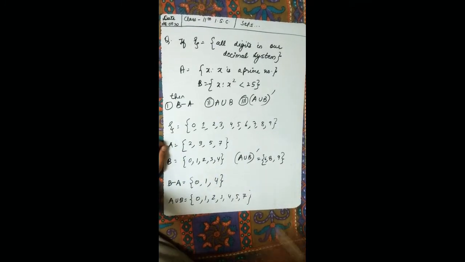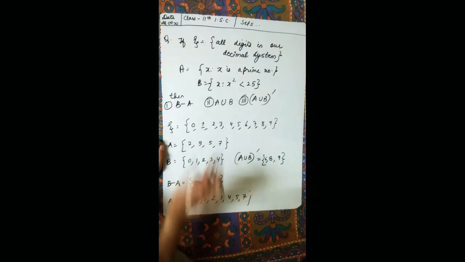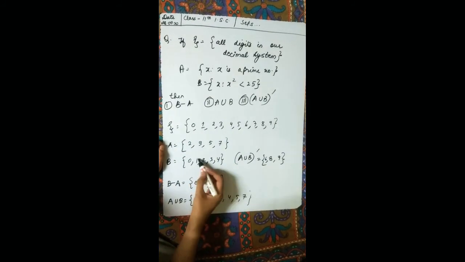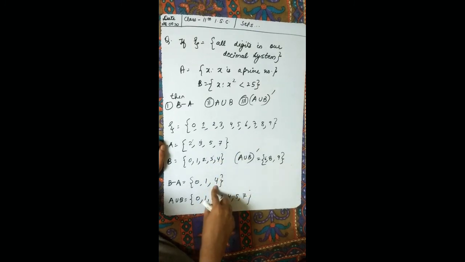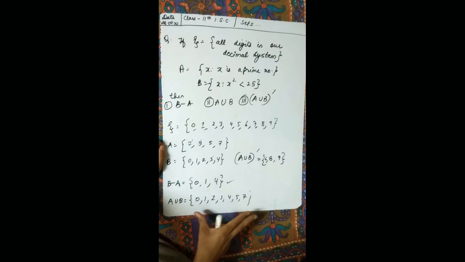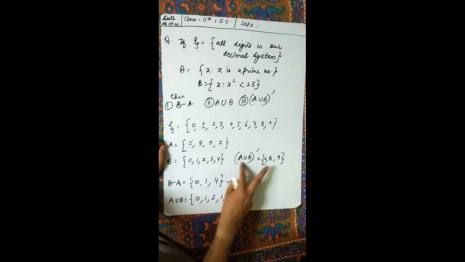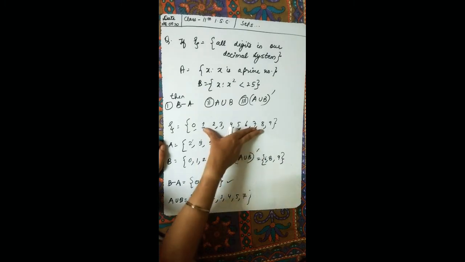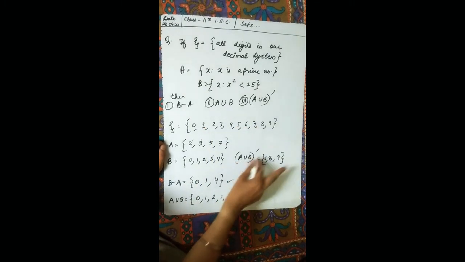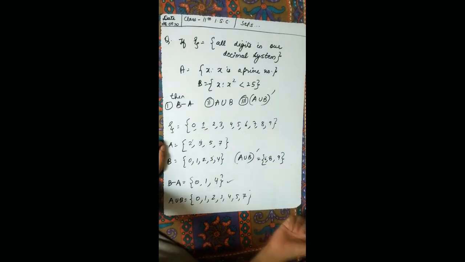Now, question B minus A. B minus A. So 0, 1, 2 and 3 cancelled. We are left with 4. So B minus A is 4. A union B, both their combination is this. And A union B, the whole complement. You already have A union B. So this minus this, you will get A union B, the whole complement, like that.